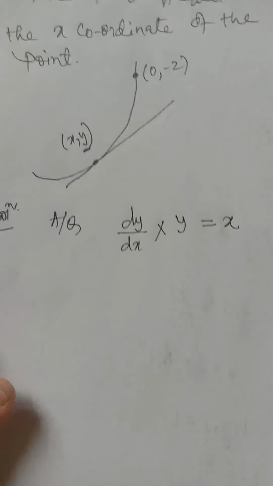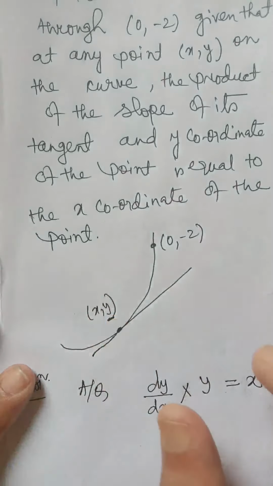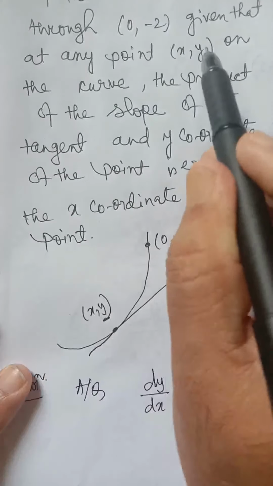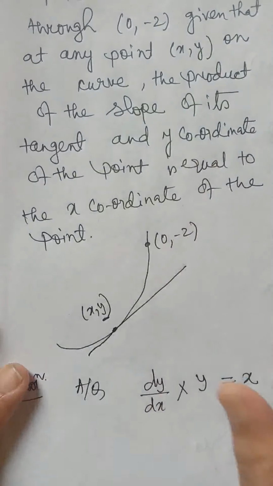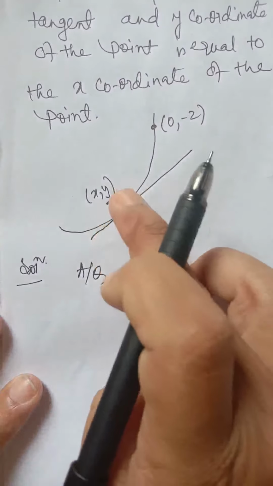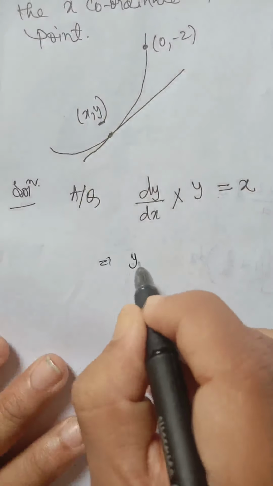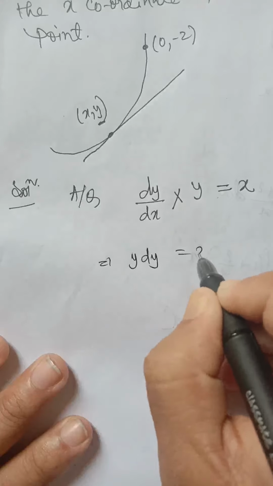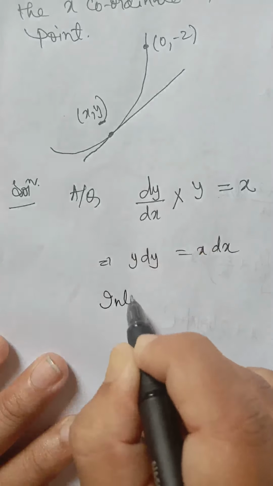So dy/dx into y equal to x. This is the given condition. The y coordinate of the point is y, the x coordinate is x. Now y dy equal to x dx. Separating the variables, we get this.